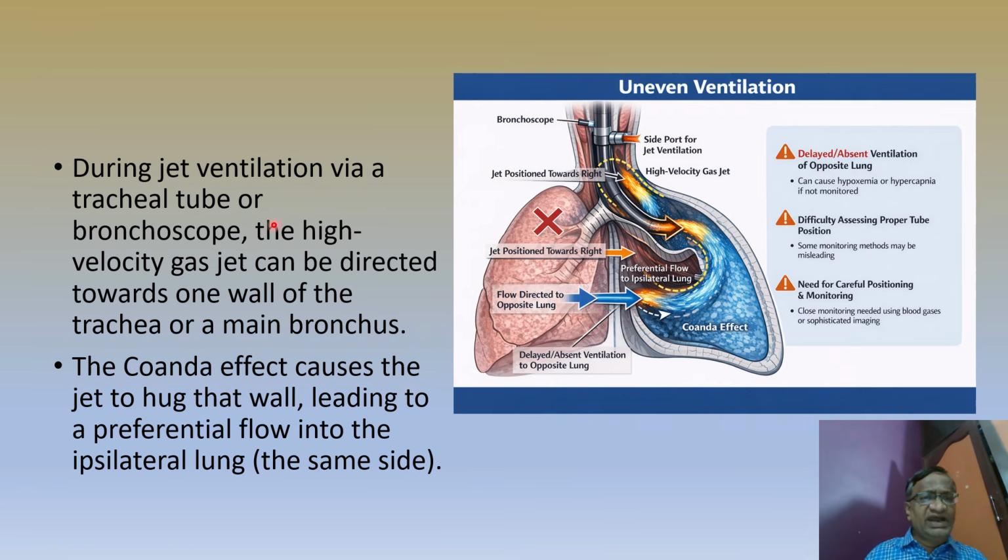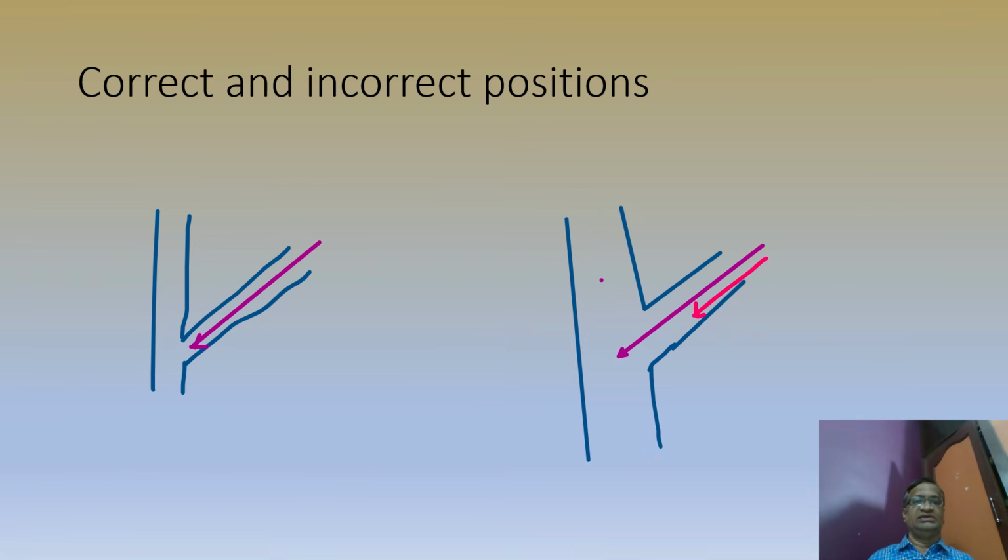During ventilation via a tracheal tube with a bronchoscope, the jet can be directed towards one wall of the trachea. It can hit here, and the side port of ventilation. This is the bronchoscope. You can see here it is towards one lung. Now you have a bronchoscope and the jet is given here, and we are visualizing this.